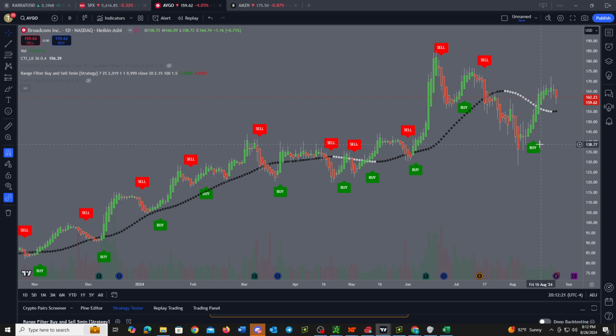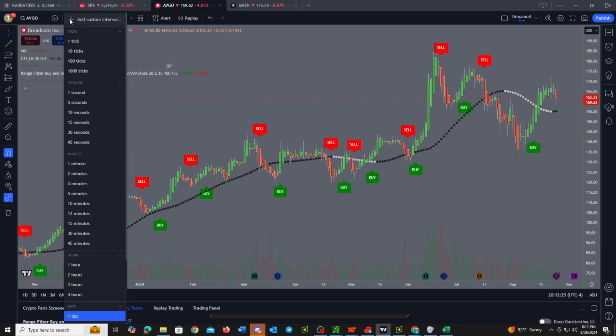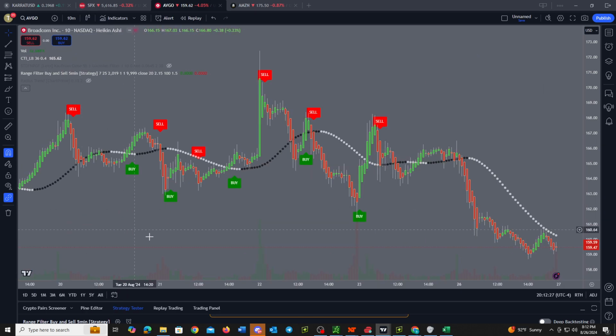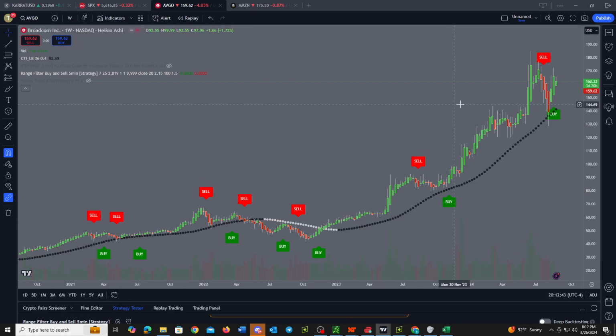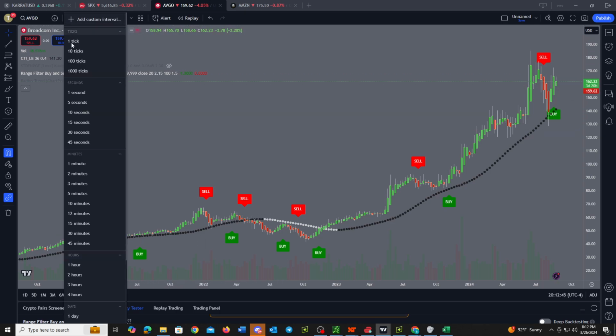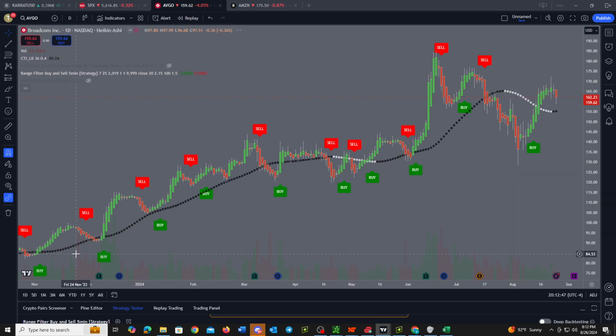Now with this method, I can go down to the 10-minute as well, and that's really what I prefer to do. Now that I'm in a pullback, I'm in a bullish trend on the weekly, bullish with a pullback on the daily.